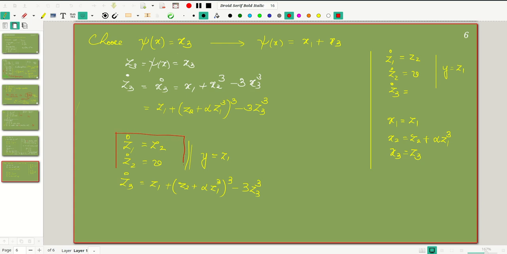This term we can write as zeta dot is equal to AC into zeta plus BC into V, and this term I can write as Y is equal to CC into zeta. AC is equal to [0, 1; 0, 0], and BC is equal to [0; 1]. What is CC? CC is equal to [1, 0]. So that's all.